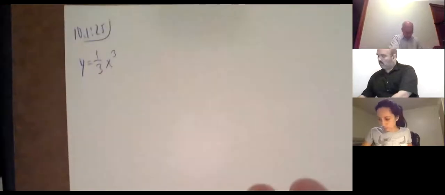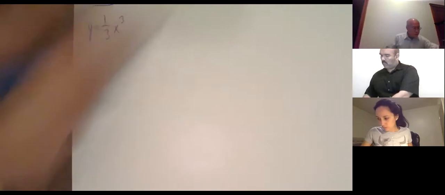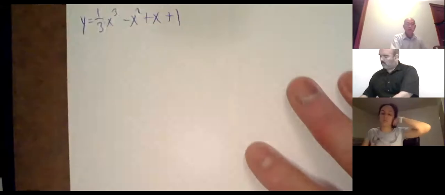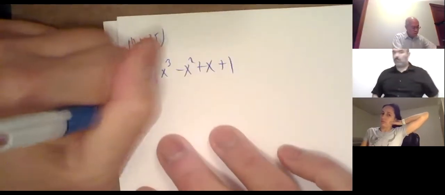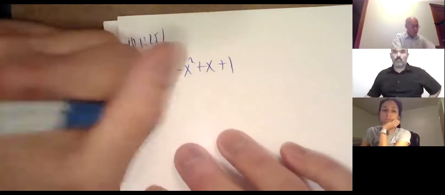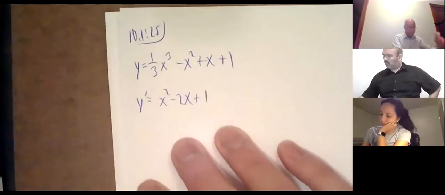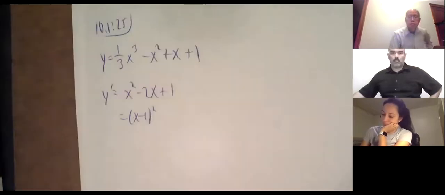Y equals 1/3 x cubed minus x squared plus x plus 1. Okay, find maximum, minimum, sketch the graph if possible. So the derivative is x squared minus 2x plus 1, which is x minus 1 squared.